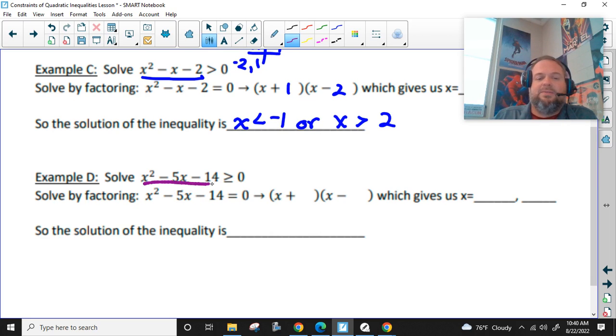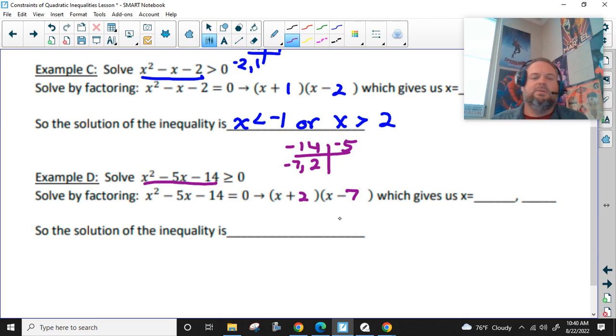Same thing. We got to solve by factoring. We got negative 14, negative 5. Notice I kept these kind of small. I'm not testing can you factor. I'm testing can you do this format. This is basically it. Our bigger number has to be negative. So we would have a positive 2 and a minus 7.